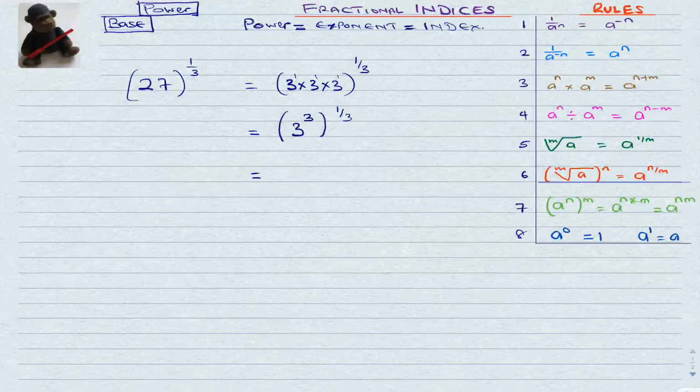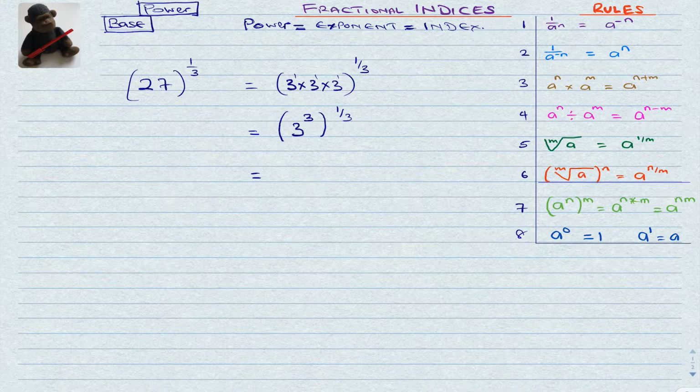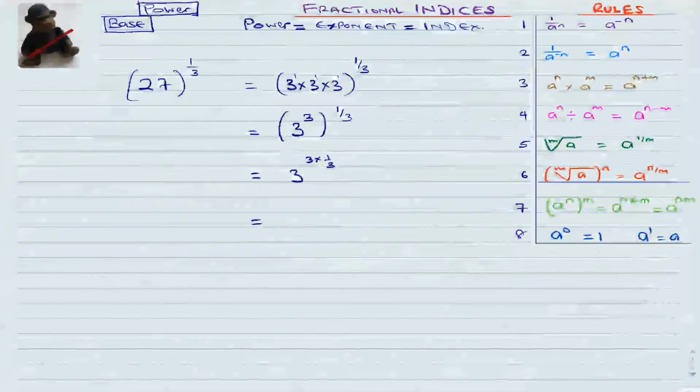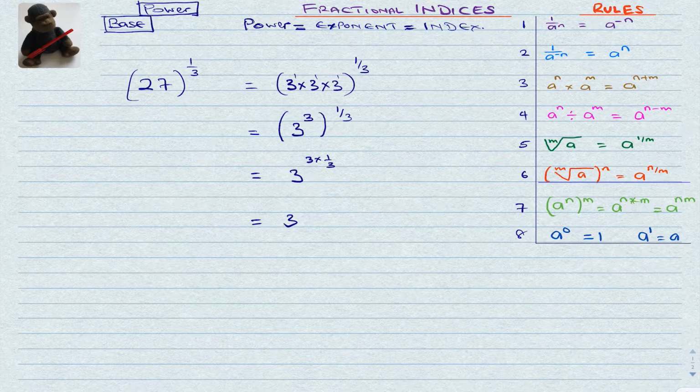Now, we need to multiply the two powers together, rule number 7. So that will be 3 to power 3 times 1/3. And that will be 3 to power 3 over 3. 3 over 3 is 1. So that will just be 3 to power 1, which is 3.